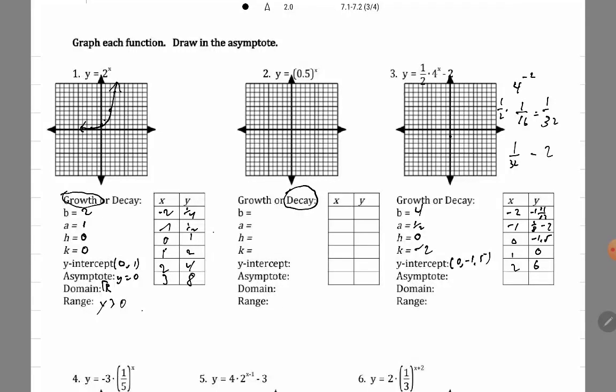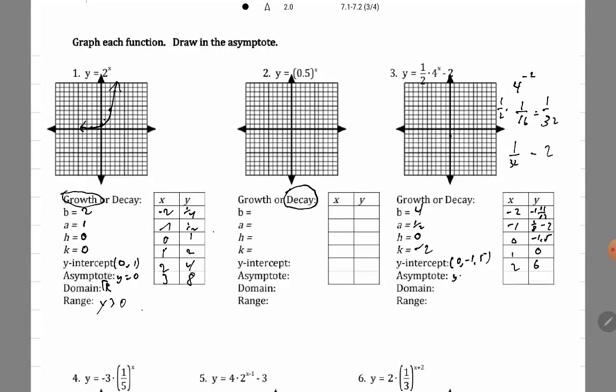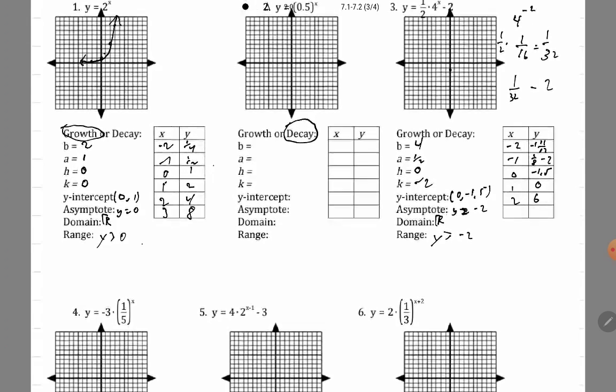Okay. Our asymptote is at y equals -2. Our domain, all real numbers. In our range, everything bigger than -2. So our range is always y is bigger than k, unless our a value is negative, which will do something different, but we'll show you.